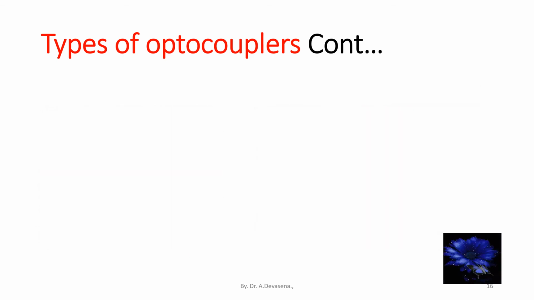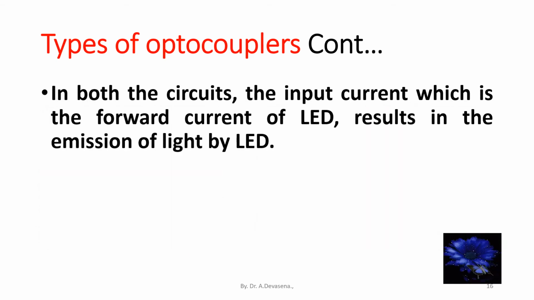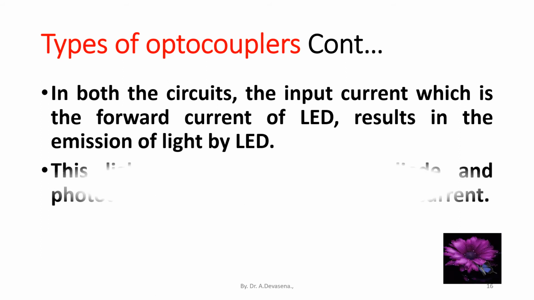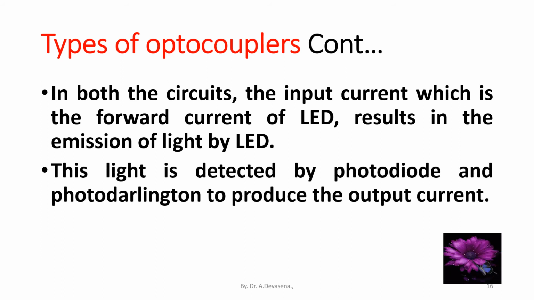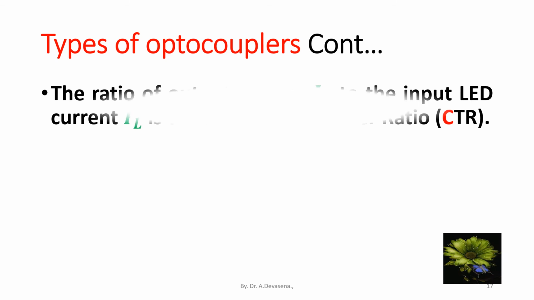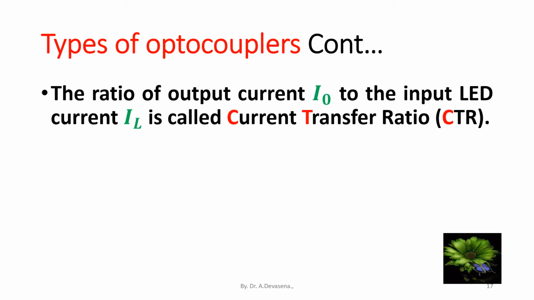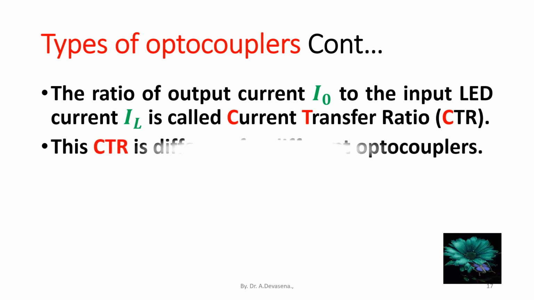In both the circuits, the input current, which is the forward current of the LED, results in the emission of light by the LED. This light is detected by the photodiode to produce the output current. The ratio of output current I0 to the input LED current IL is called the current transfer ratio, that is CTR. This CTR is different for different optocouplers.